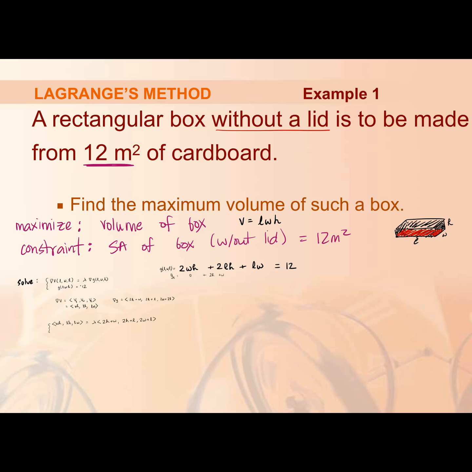And then we also need that 2WH plus 2LH plus LW is equal to 12.